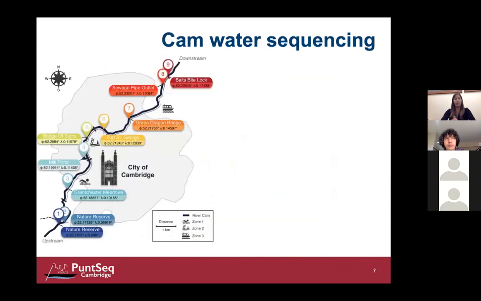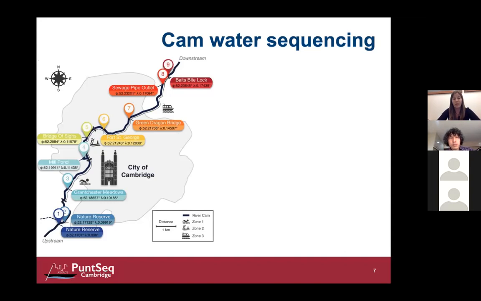So what did we do? We went out to the river at 3 different time points. We went once in April, once in June, and once in August, and started from downstream of the river, which is location 9 that you see here, and took water samples, always 1 liter of water at all these different locations.